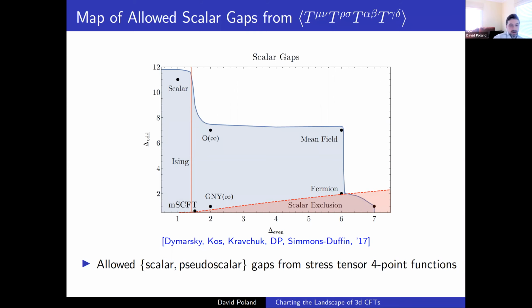Now, you can play games where, in a holographic theory, you expect higher spin single trace operators to decouple. So you can try to impose a gap in the leading spin 4 spectrum and see how big you can make that gap, and does that constrain theories. One issue is that there are also spin 4 operators built out of 2 stress tensors, like T mu nu, T rho sigma, so multi-trace operators.